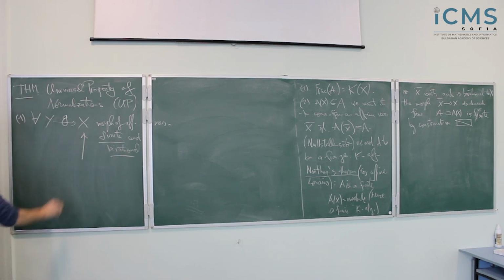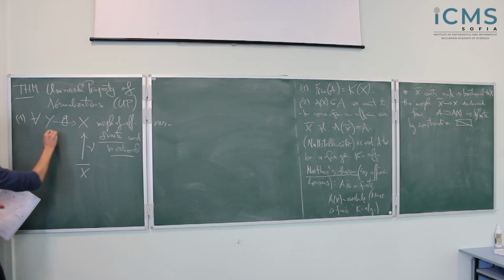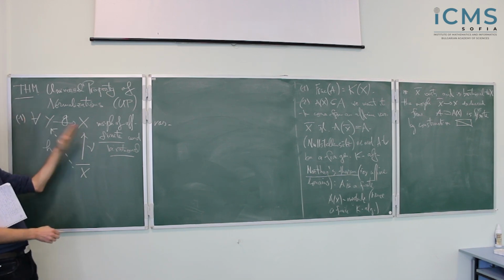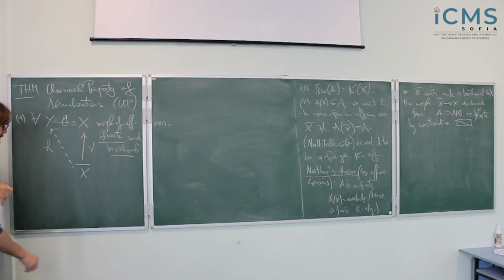Well, I know that we have a normalization. Then I can establish the unique existence of a morphism from the normalization to y. So I can lift the normalization morphism to y, like this.